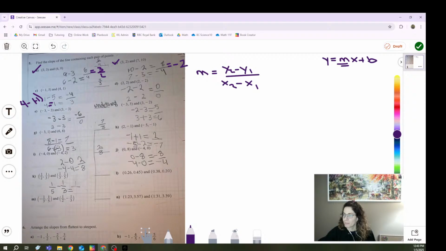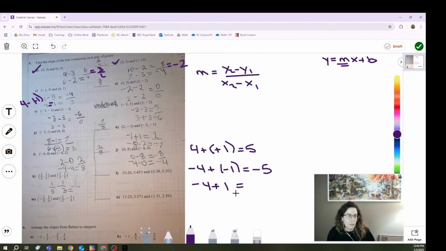If it was a negative number, let's say plus 1. If you've got one negative number and one positive number, well, now your answer depends on which number is bigger. 4 is bigger than 1, it's minus, so the answer is minus. And now it's not adding the numbers, it's subtracting the numbers to find the difference between them.